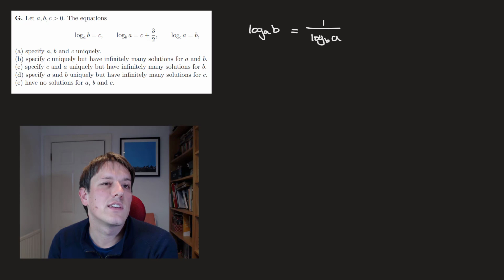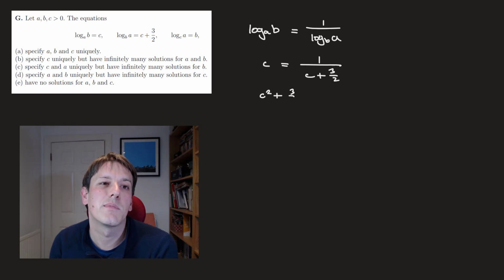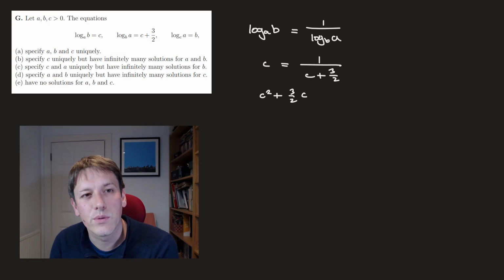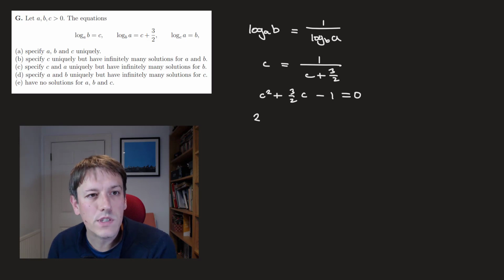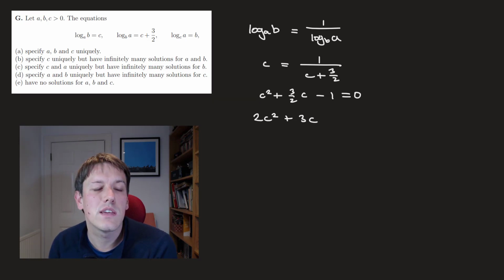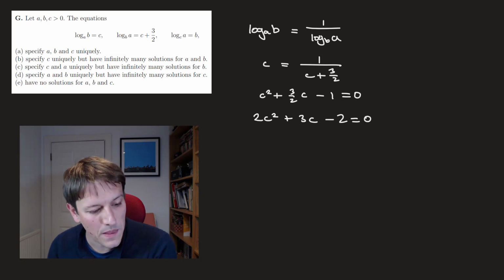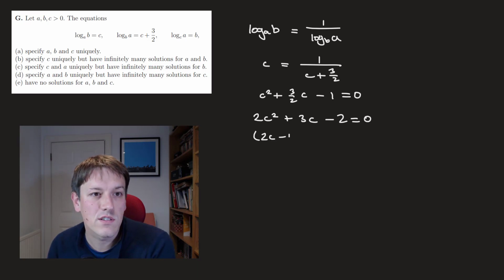So actually that means here that c is equal to 1 over c plus 3 over 2. So I've got c squared plus 3 over 2c minus 1 equals 0. So this is 2c squared plus 3c minus 2 equals 0, and you can factorize this as 2c minus 1 times c plus 2 equals 0.